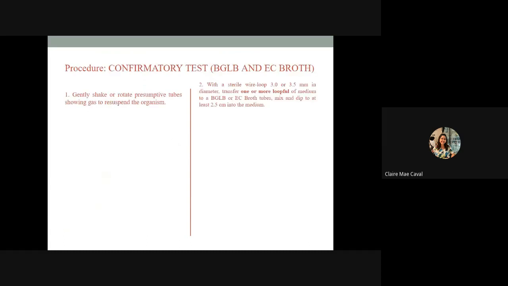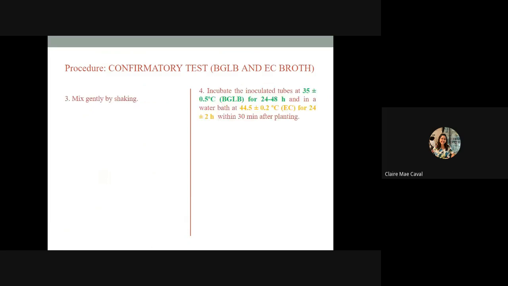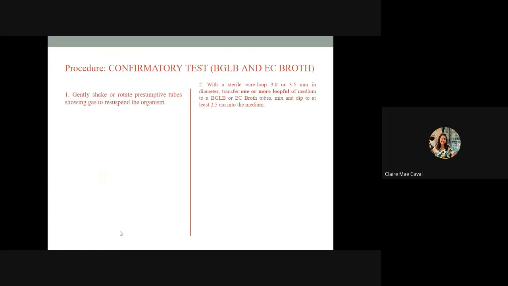For the confirmatory test, we use two broth, the BGLB, these are liquid type ha kasi broth, brilliant green lactose broth, and the E. coli broth. So still the same, you gently shake or mix the water sample to resuspend the organism. And then when you do confirmation, it is advisable that you process it inside the biosafety cabinet kasi nga nagpa-positive na yung sample.